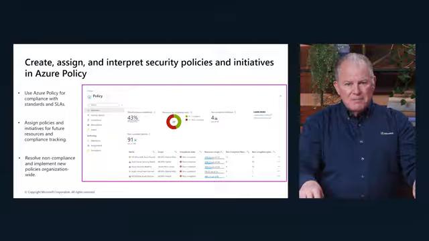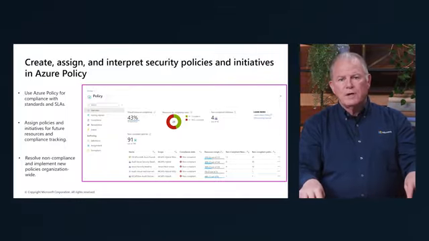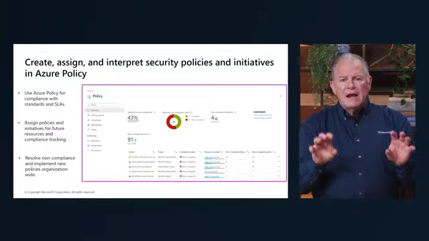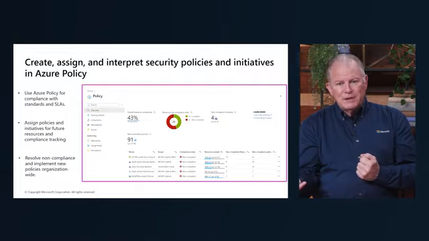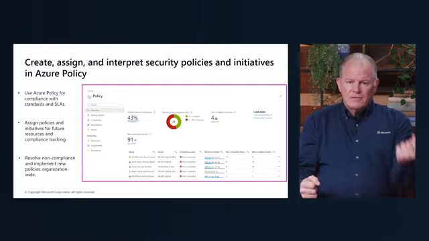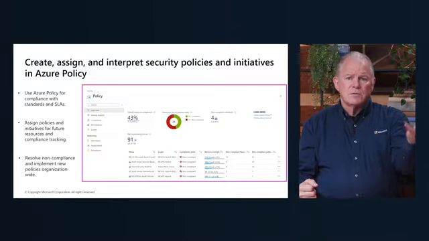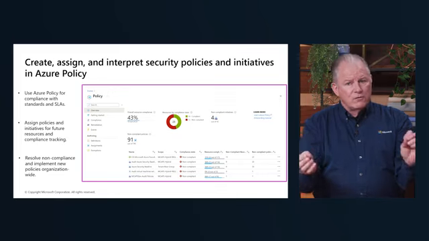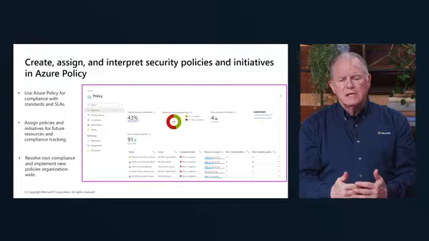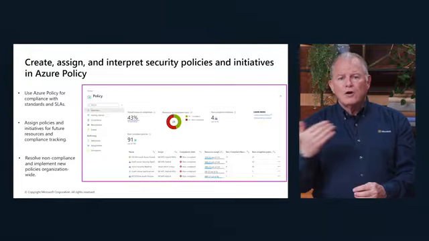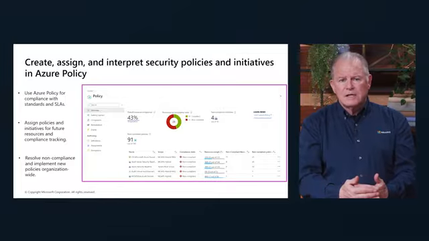I could have the same policies with different values in those 2 different initiatives, one for production and one for test, and I can assign them to 2 different subscriptions so that as I develop things in production, they use the production subscription, and if I use things in dev or test, I can use the dev or test subscription, and they get the same policy with different configurations. So there's a good example of how you might use these policies to enforce security across the entire management plane or governance plane within your organization.